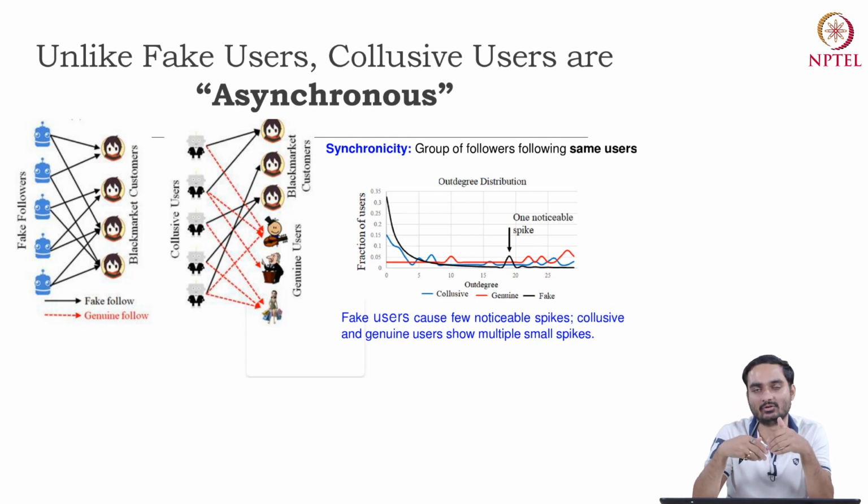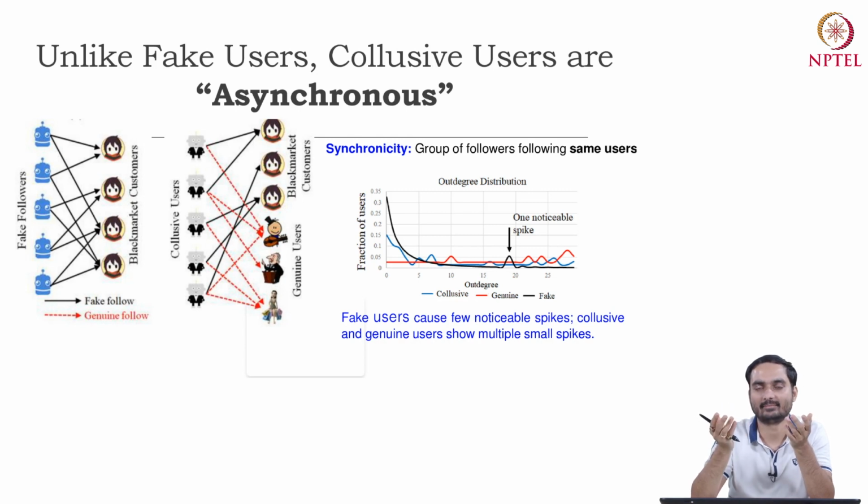But we showed in our research that collusive activities are asynchronous, and that is very obvious, because there is no synchronicity between my activity and your activity. Both of our accounts have been compromised, but mine was compromised at one point and yours at another time.